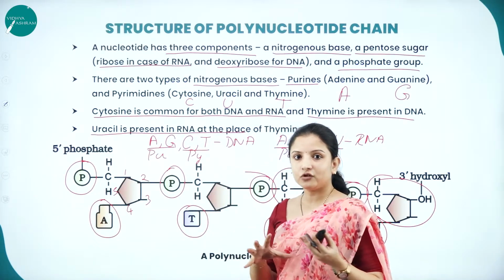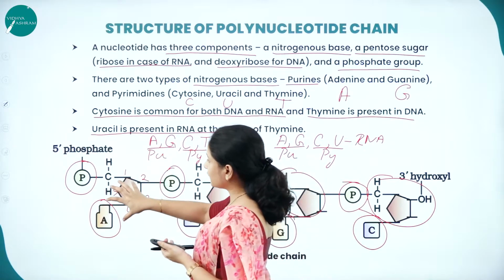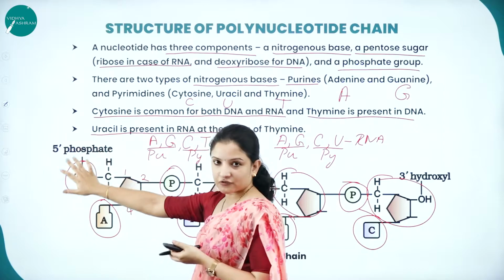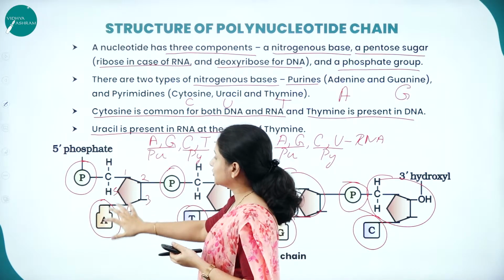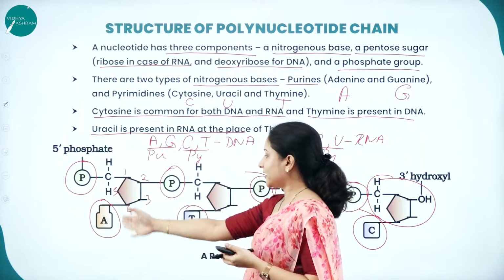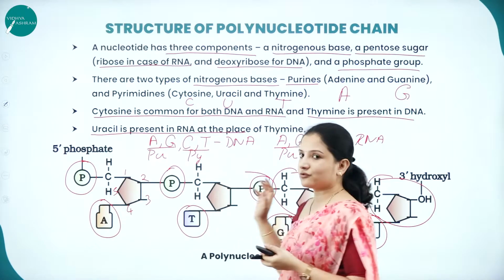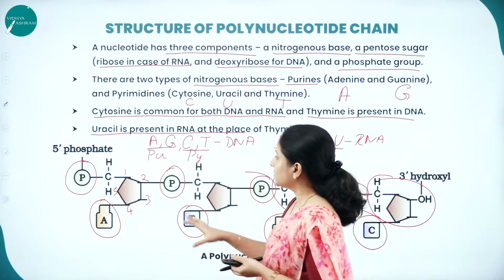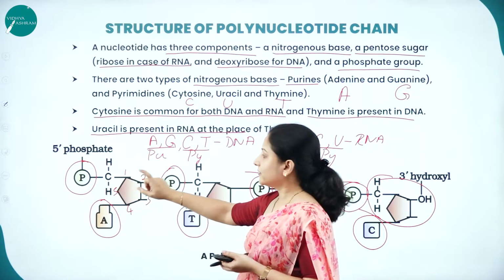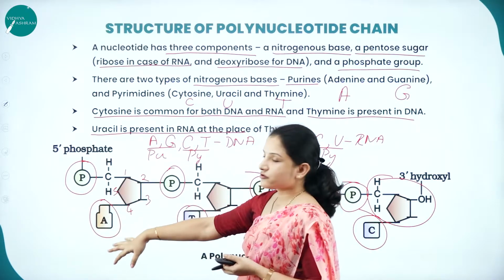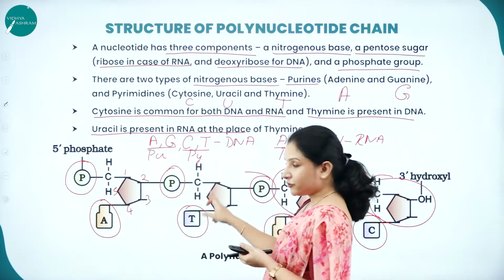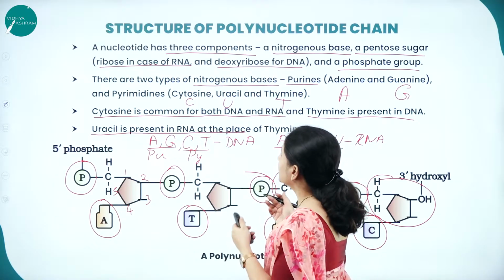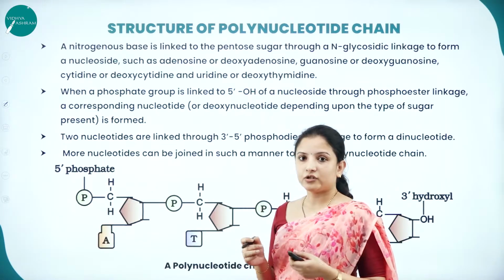What does the chain of nucleotides consist of? It consists of a pentose sugar, a phosphate backbone, and nitrogenous bases such as adenine, thymine, guanine and cytosine, if it is DNA. If it is RNA, it is made up of a ribose sugar and the nitrogenous bases adenine, uracil, guanine and cytosine. So that is the difference here. This is about the structure of the polynucleotide chain.